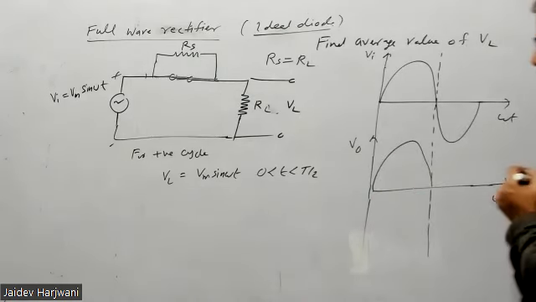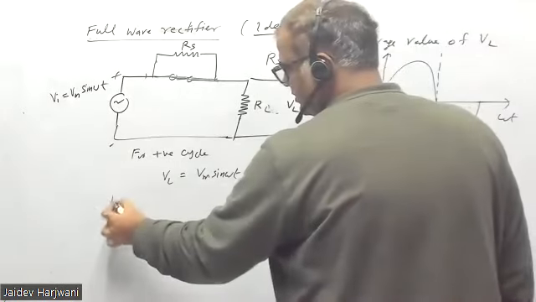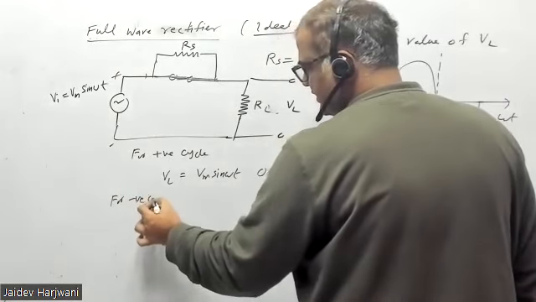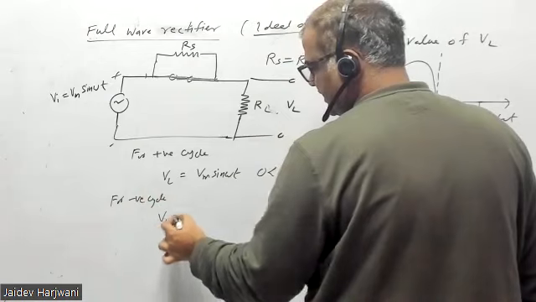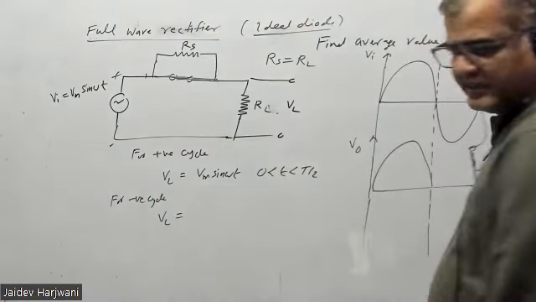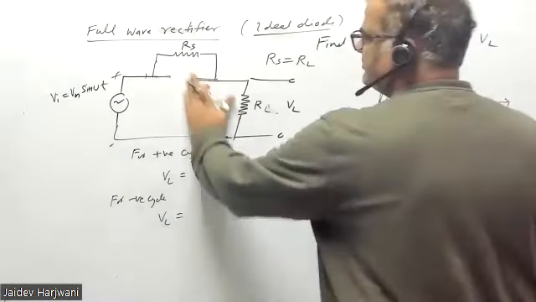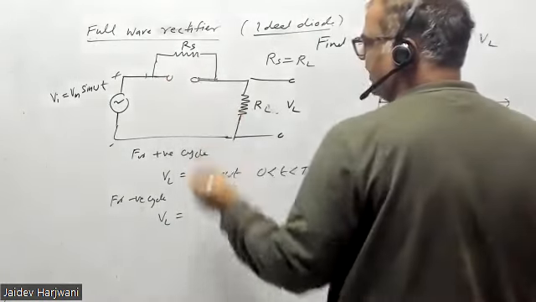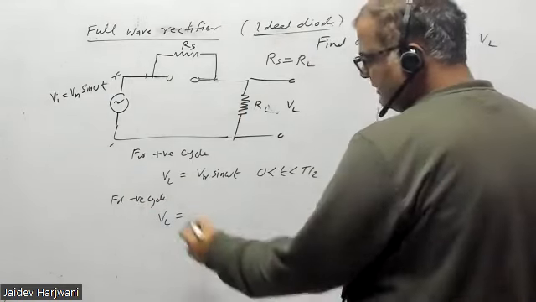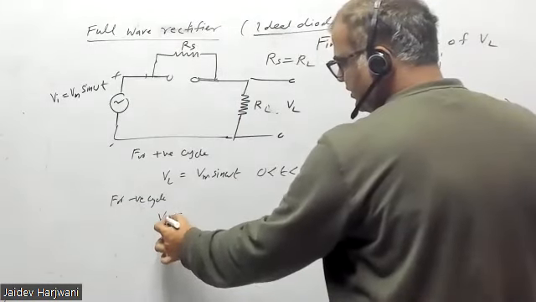Tell me for the negative cycle what happens. Negative cycle, the diode is forward bias or reverse bias? Reverse bias obviously, so this will become open. Now tell me what is the value of VL?